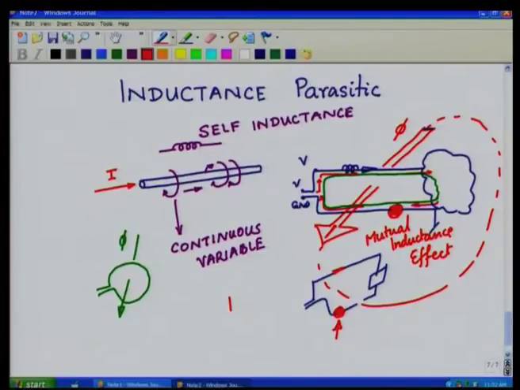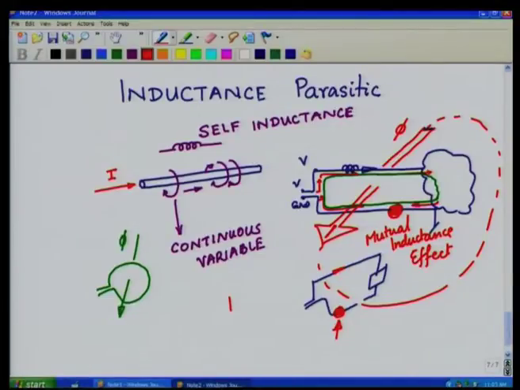So, we have the mutual inductance effect, self inductance effect, series inductance effect. All these effects can really change the way the circuit behaves when they are put onto printed wiring boards.